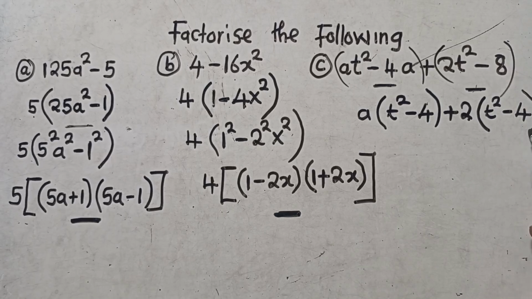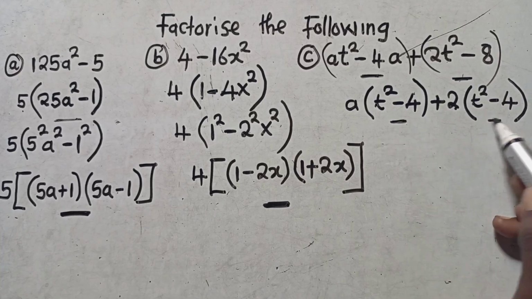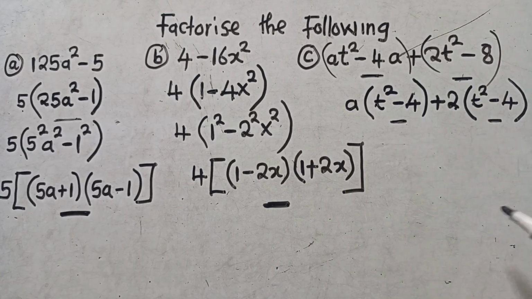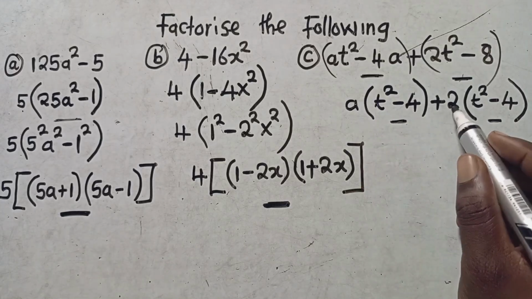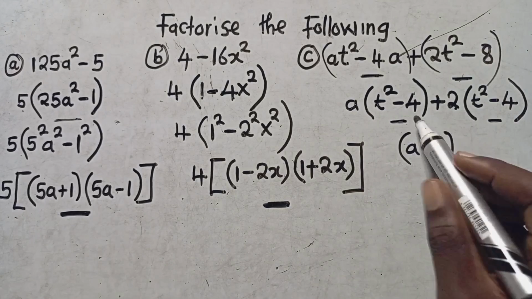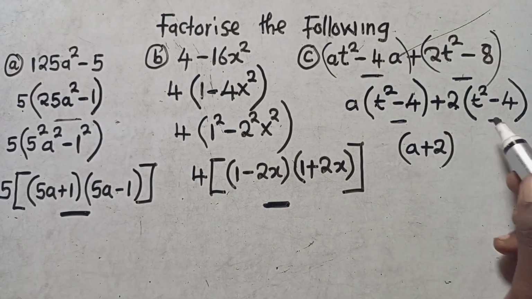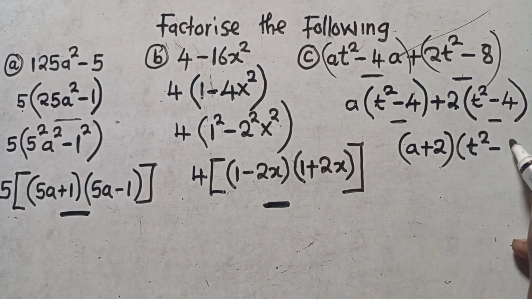If you look at this, you now discover that this expression and that expression are the same. It means that you are doing the correct thing. You just get what is outside, a plus 2, and these two, which are the same, you just get 1. So that is t squared minus 4.